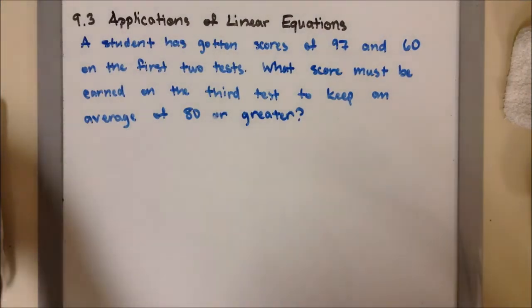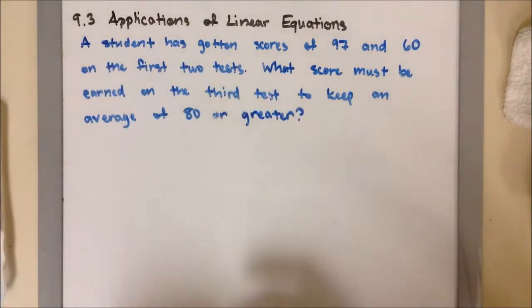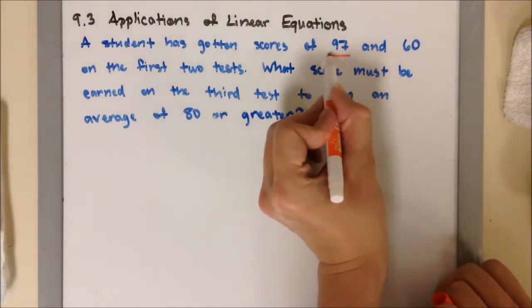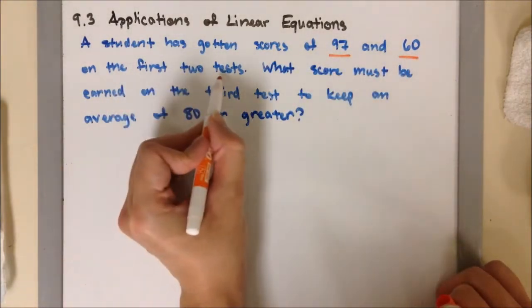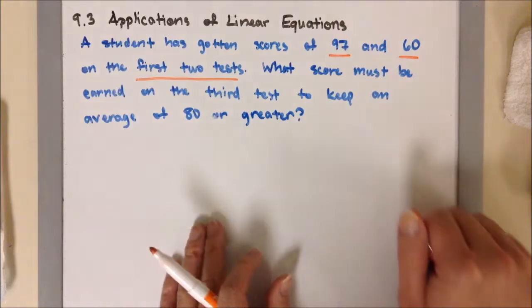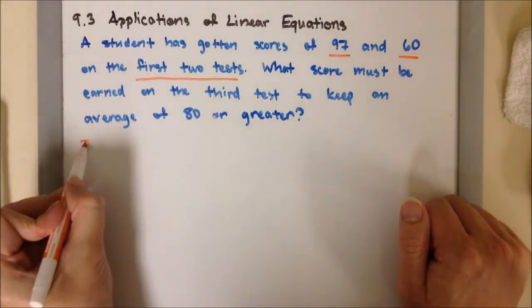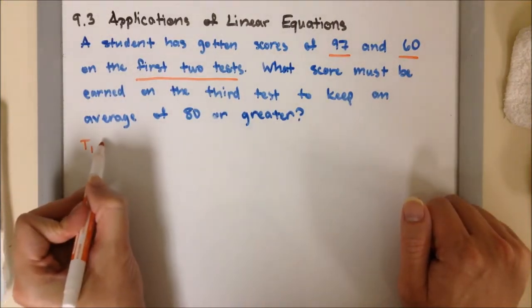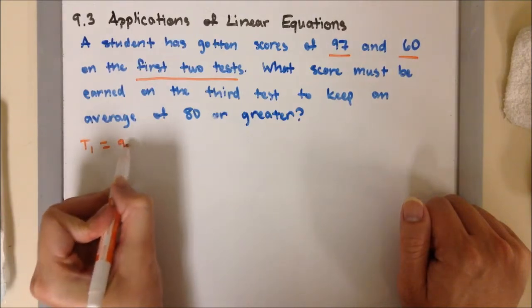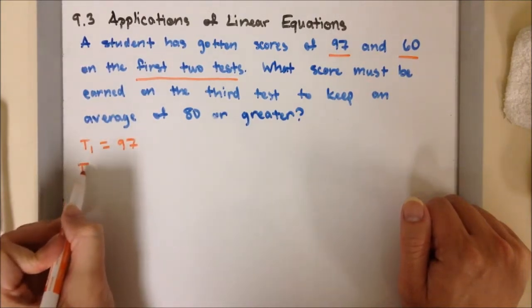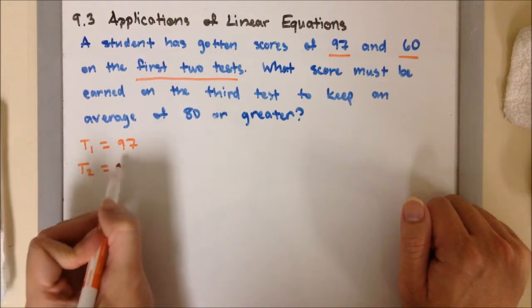Alright, so let's take a look at the first sentence. A student has gotten scores of 97 and 60 on the first two tests. So let me represent T sub 1, the first test, which is 97, and then T sub 2, which is 60.